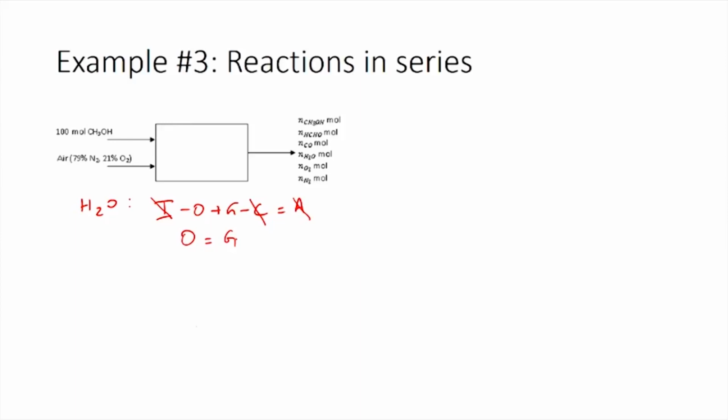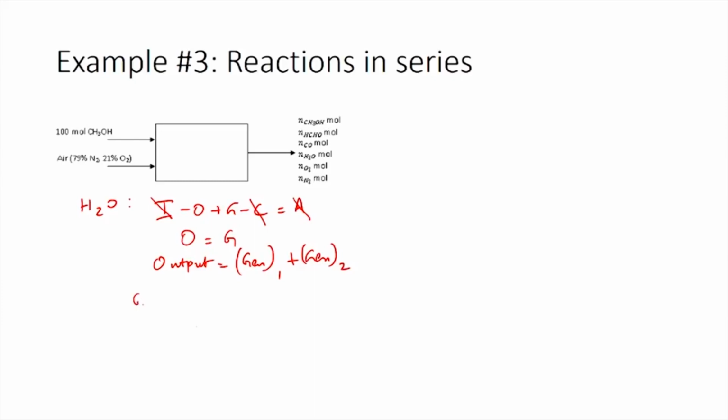However, water is generated by both the reactions, reactions 1 and reaction 2. So, for this reason we would have the output for water would be equal to generation of water in reaction 1 plus generation of water in reaction 2.